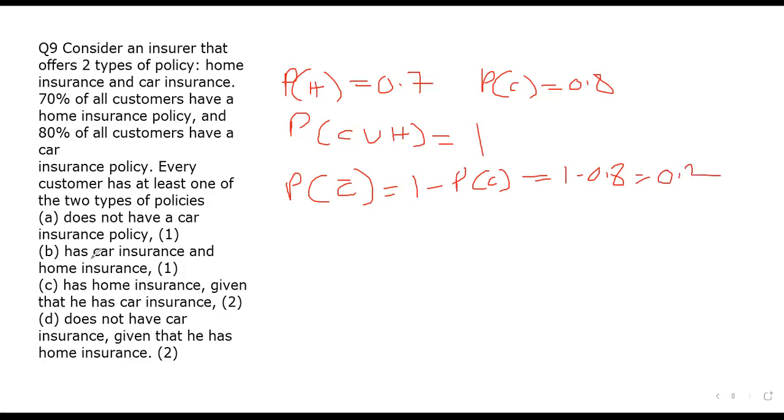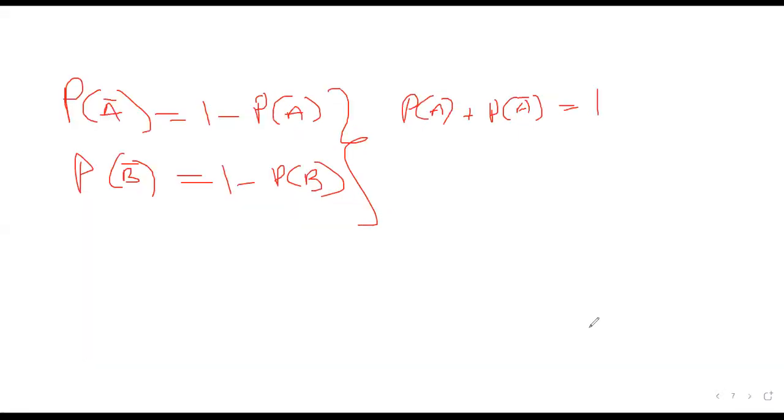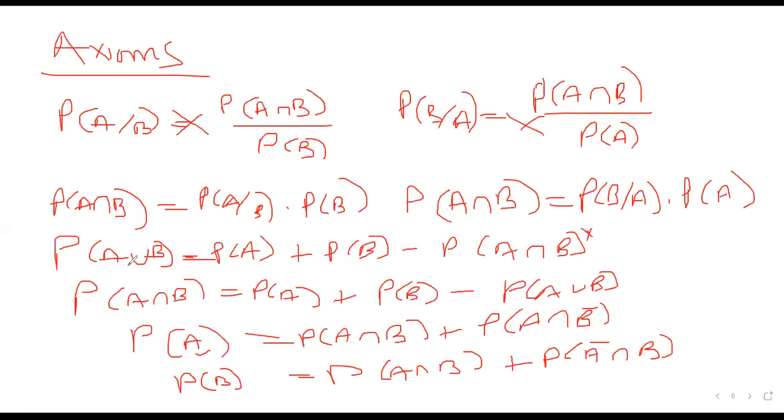Part B, what is the probability that a customer has a car insurance and a home insurance? The word "and" means what? Intersection. Car intersection home. So here we can extrapolate this formula for the union set. When these swap, the intersection will be A and B, then subtract the union set.